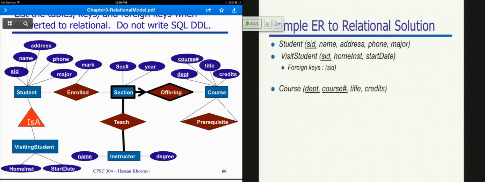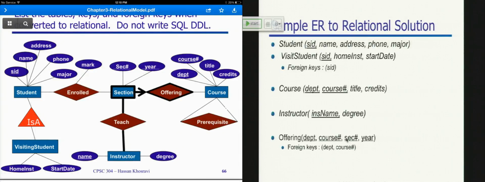For course, our courses have department, course number, title, and credit, and the first two are defining the key for that table. Instructor, name of that instructor is the key, and they're also keeping their degree. Now, offering might have been a little tricky.